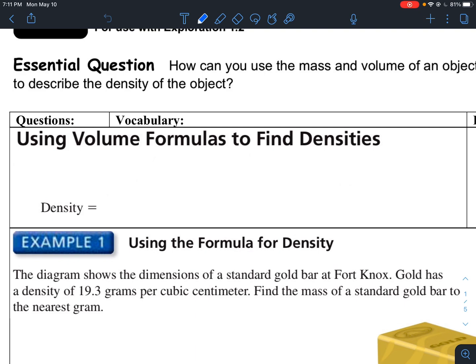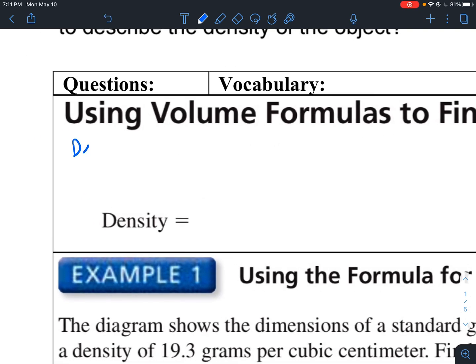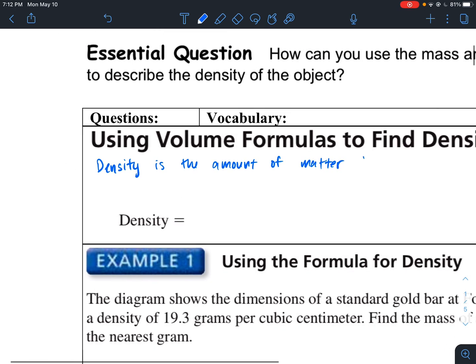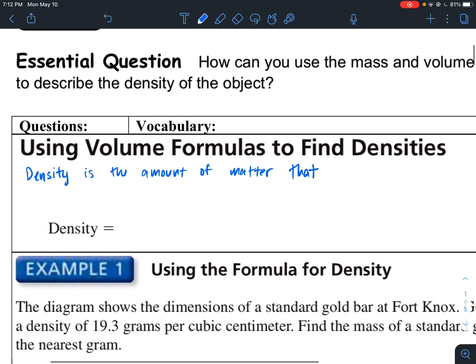So density is the amount of matter that an object has in a given unit of volume.